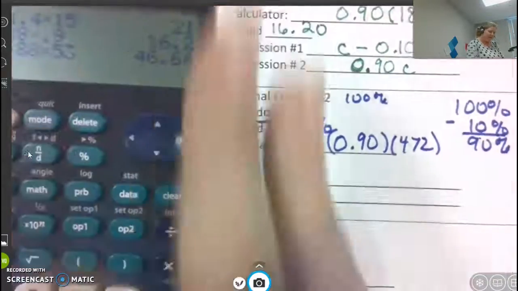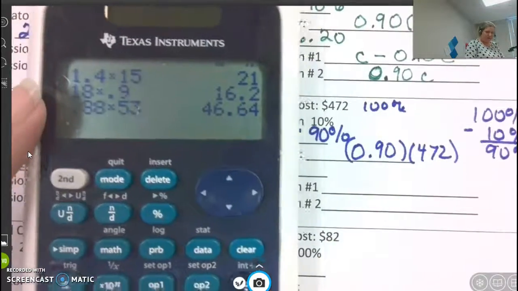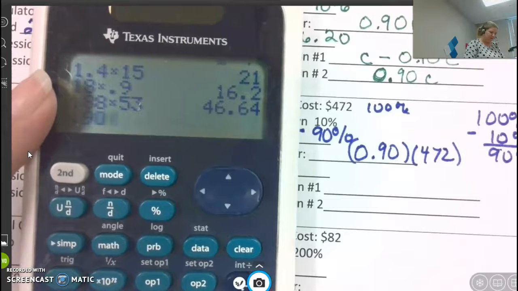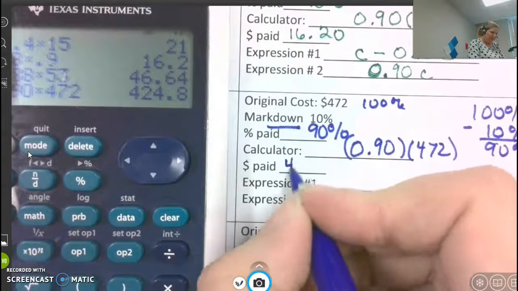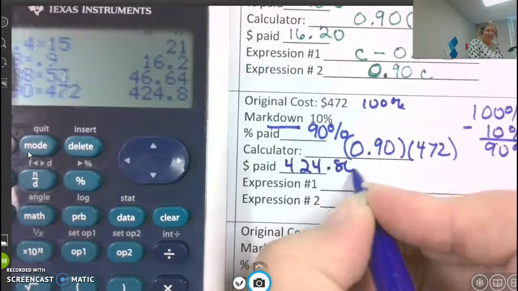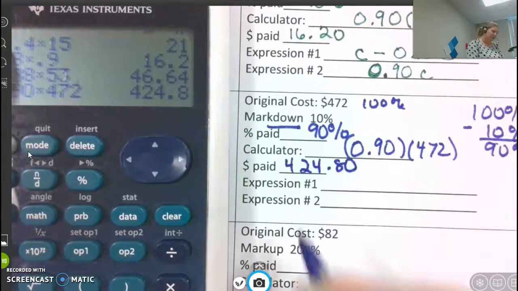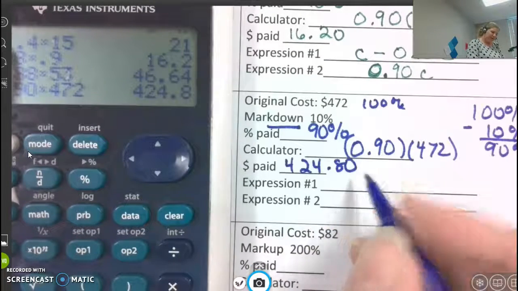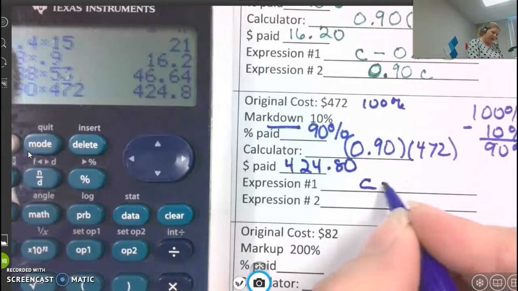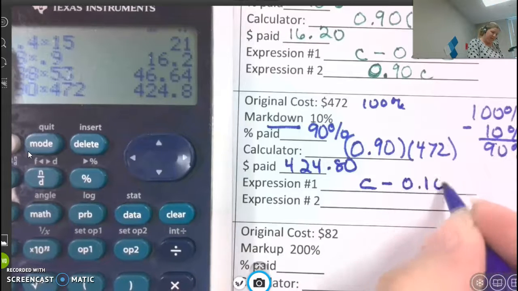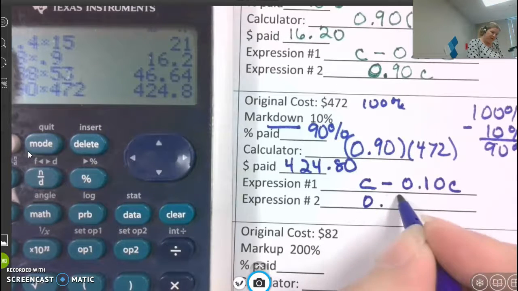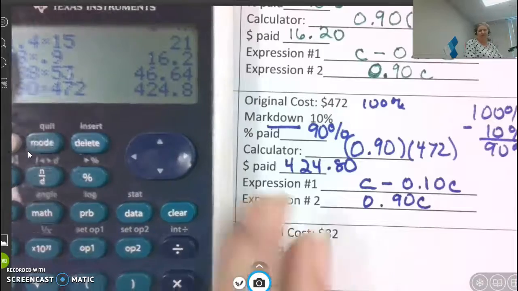So that means it should be a smaller number than the original. So I will be paying $424.80. My first expression will be my cost minus 10% of the cost, which is 90% of the cost.